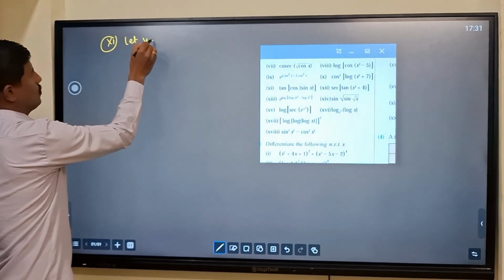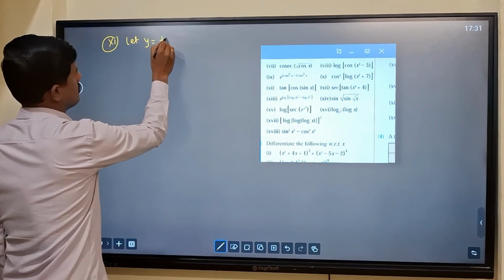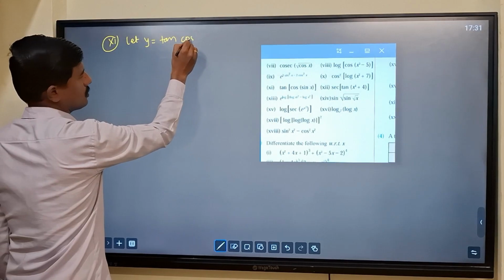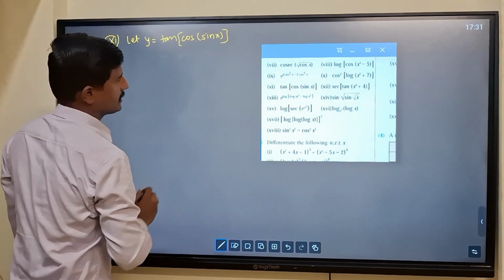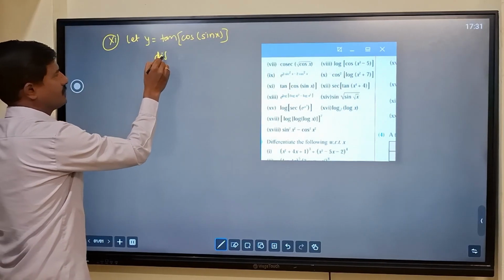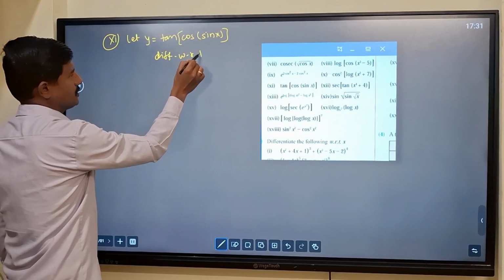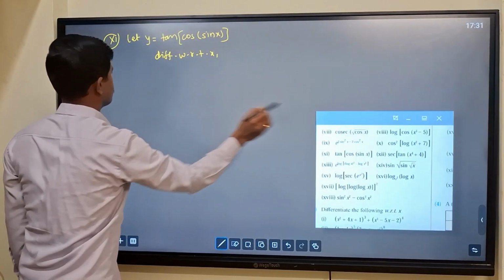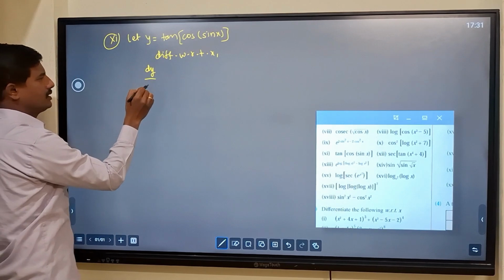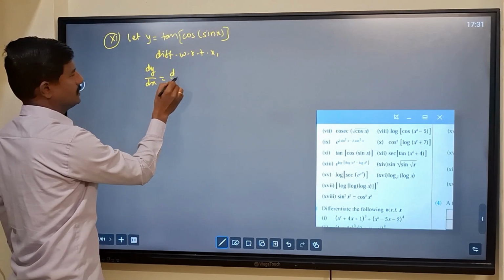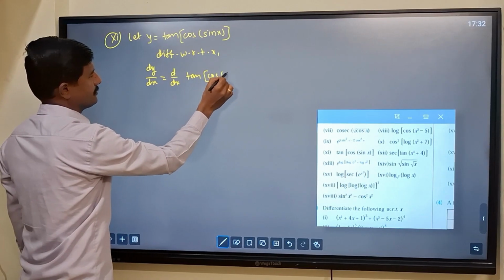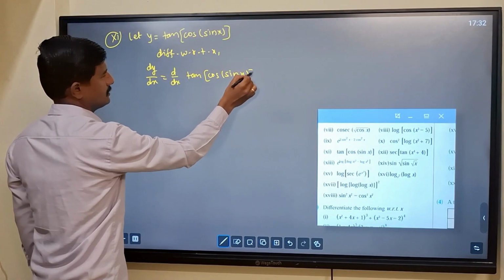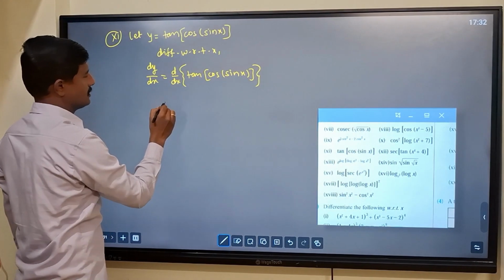Let y equal to tan of cos of sin x. Again differentiate with respect to x. dy by dx becomes d/dx of tan of cos of sin x.